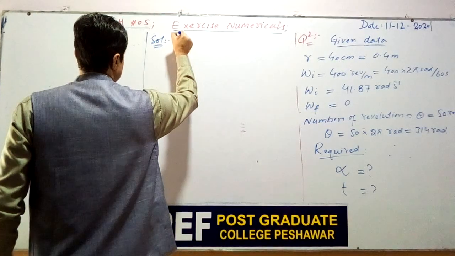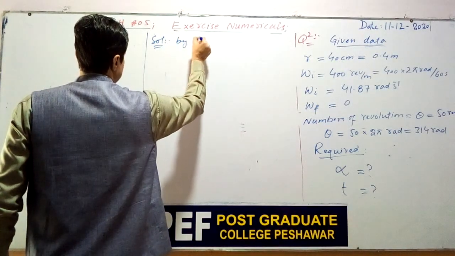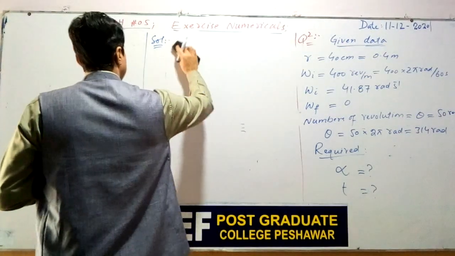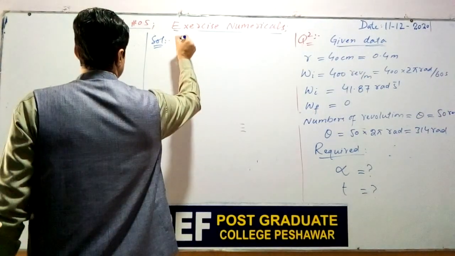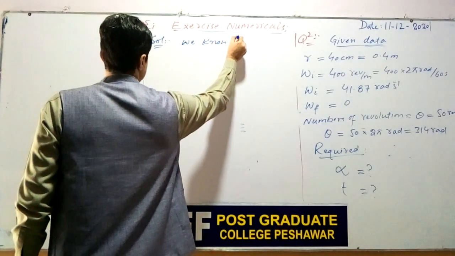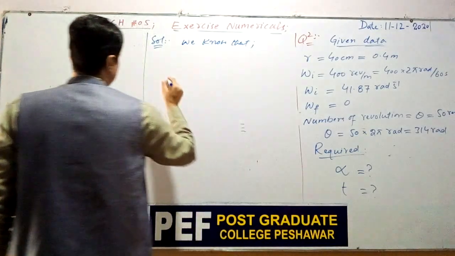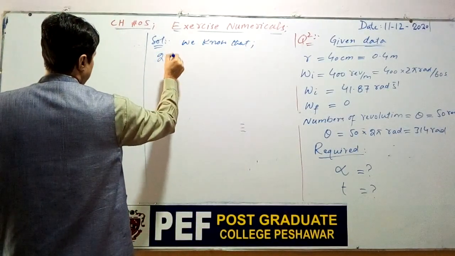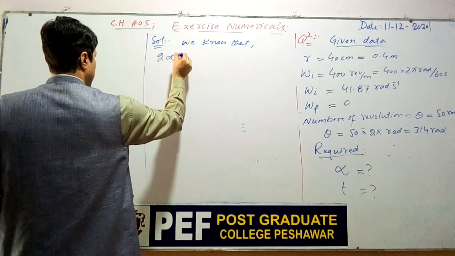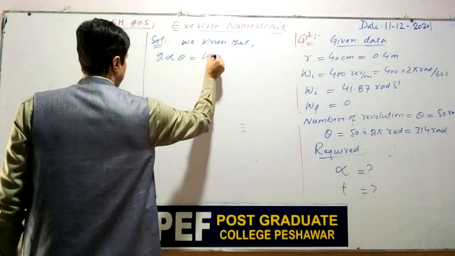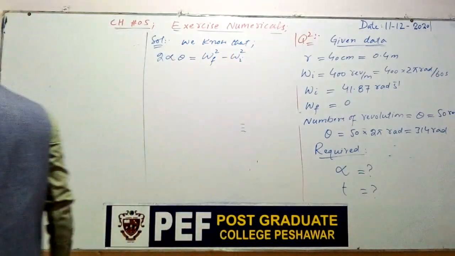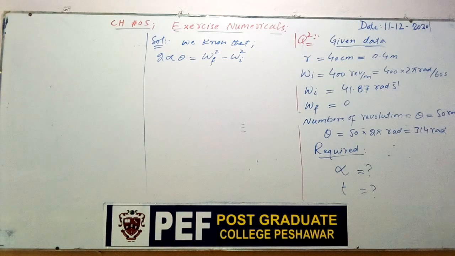By third equation of motion, we know that 2a s, converted to rotational motion, is 2 alpha theta equal to omega f square minus omega i square. This is the third equation of motion for rotational motion.